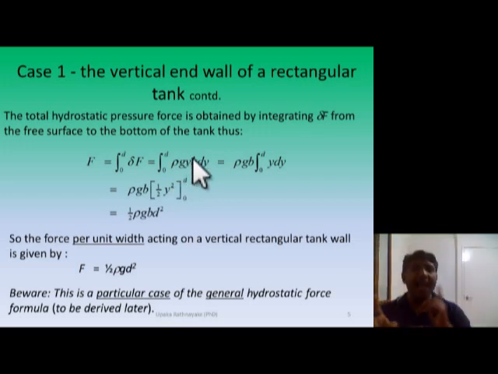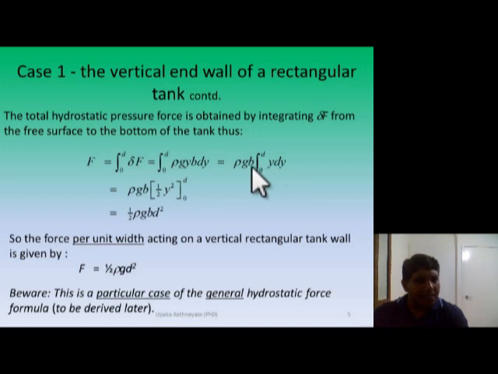So this is an incompressible liquid, so we can consider the density is a constant, and gravitational acceleration is a constant. It's a rectangular wall, so b is a constant. So we can take these rho g b outside the integration, ending up with the integration from 0 to d of y dy. Now, is this familiar to you? Integration of y dy.